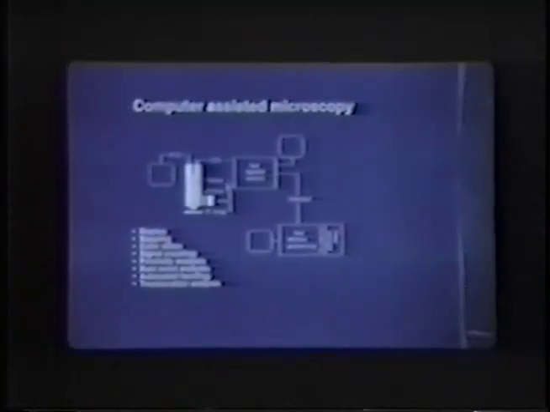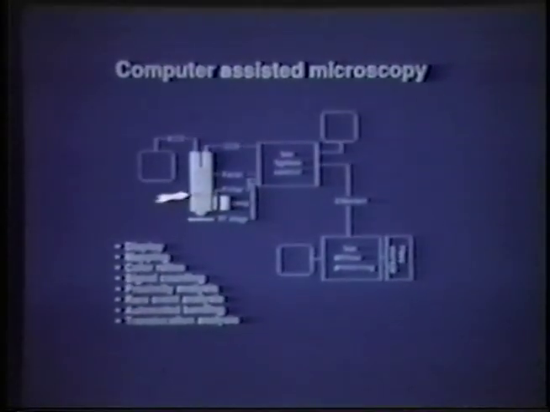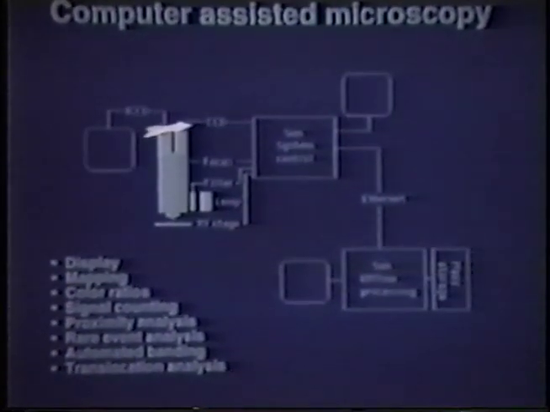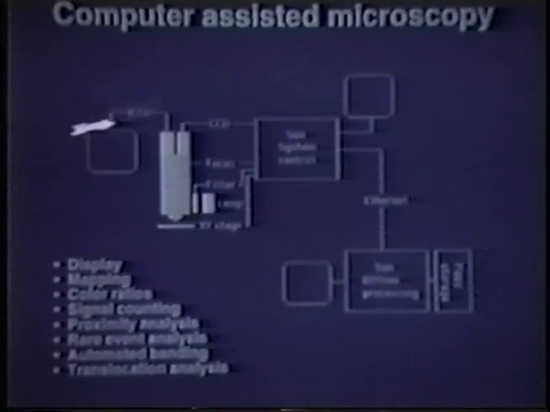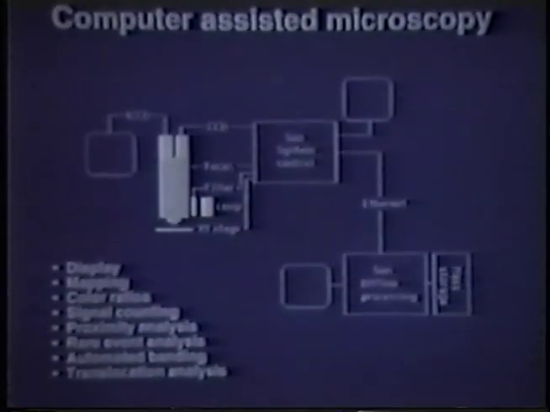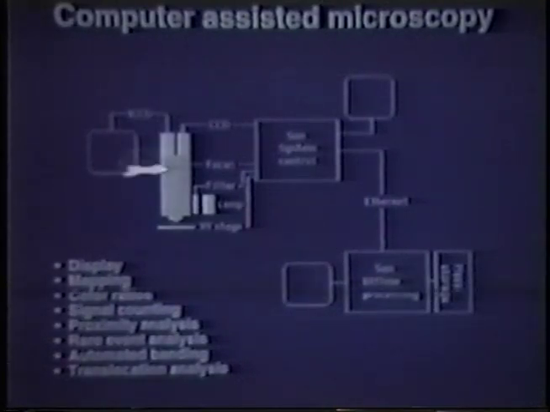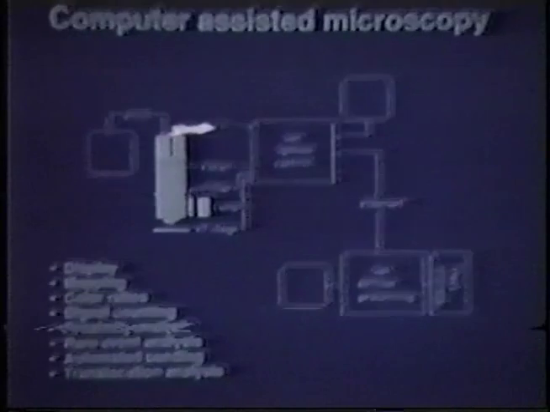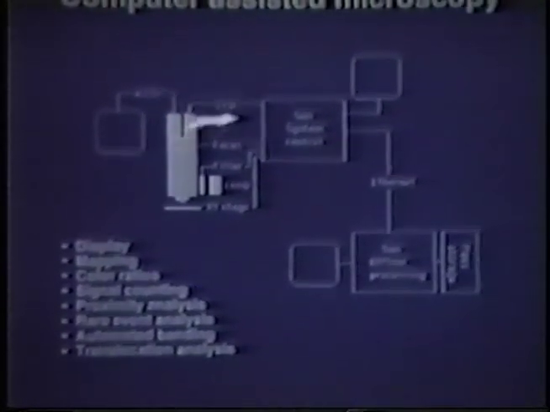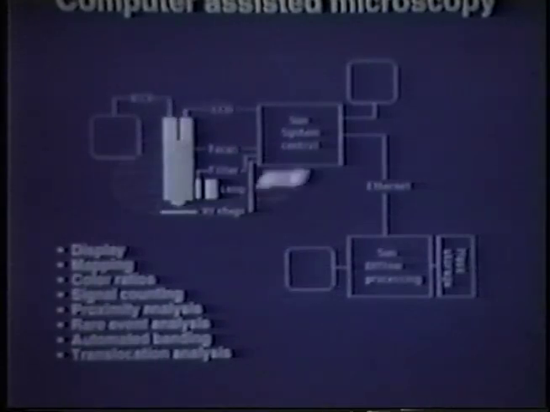The general approach that we use is to use a conventional microscope equipped with two cameras, one of them a cooled CCD for high-resolution image acquisition, and the second an intensified CCD for roaming and focusing.